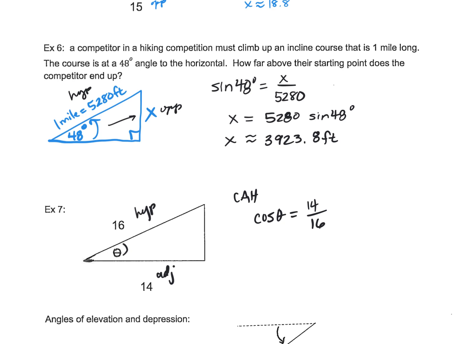Now, here's the question. How do we get the angle out? How do we undo cosine? Look on your calculator at the cosine button. What do you see just above it? Inverse cosine. And how do we undo something? We take the inverse. So what do we need to apply to both sides of this? Inverse cosine.